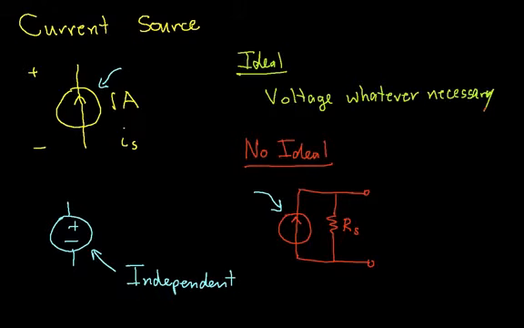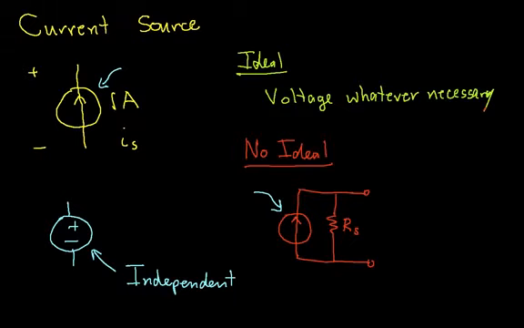And what that means is that the voltage or the current supplied by this source is independent of any other voltage or current anywhere else in the circuit, which sometimes is exactly what you want. When your source is providing the power to a circuit, you want it to stay the same voltage or the same current no matter what.